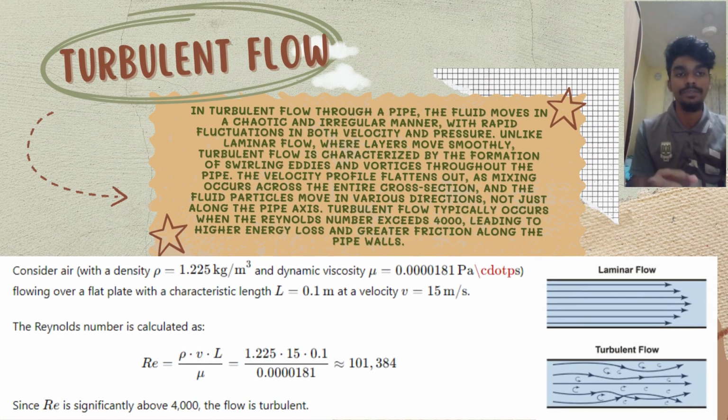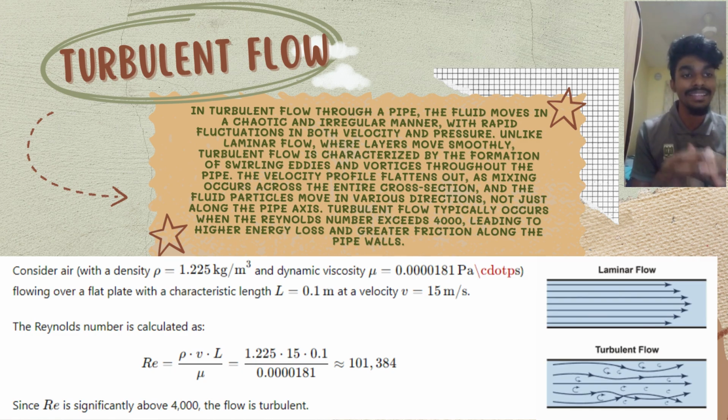Lastly, what is turbulent flow? In turbulent flow through a pipe, the fluid moves in a chaotic, irregular manner with rapid fluctuations in both velocity and pressure. Turbulent flow is characterized by the formation of swirling eddies and vortices throughout the pipe.